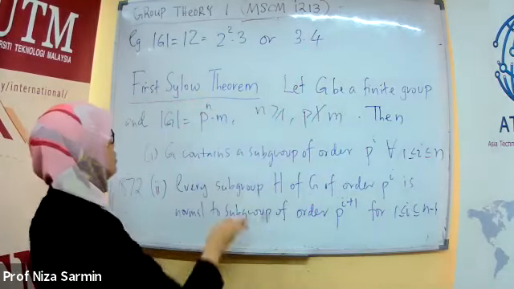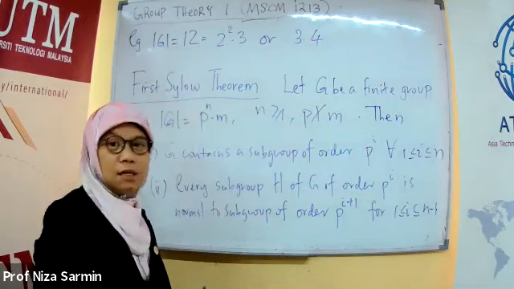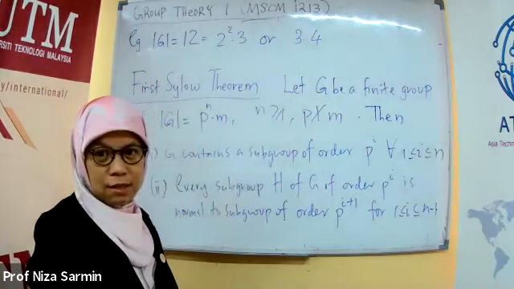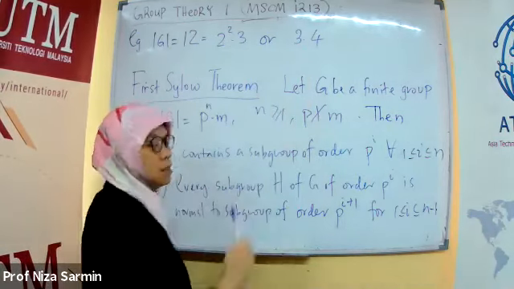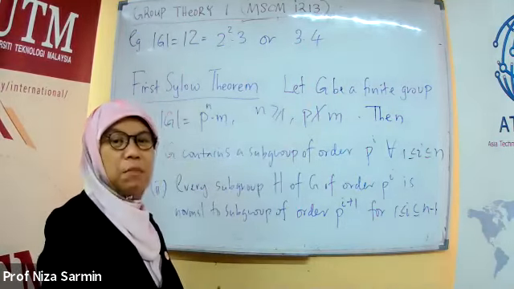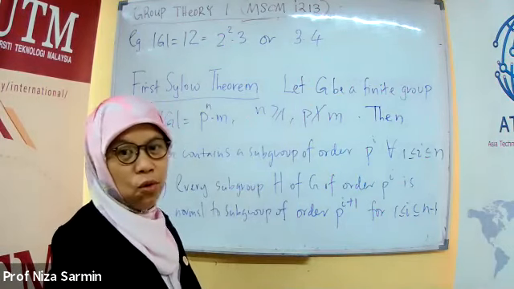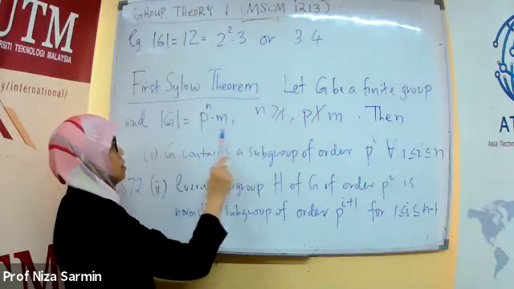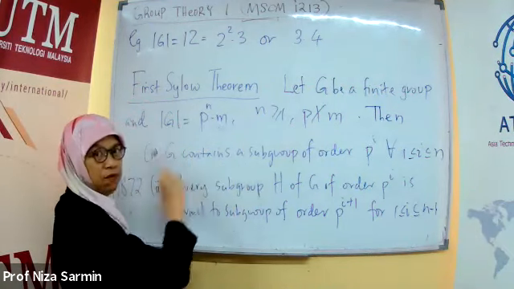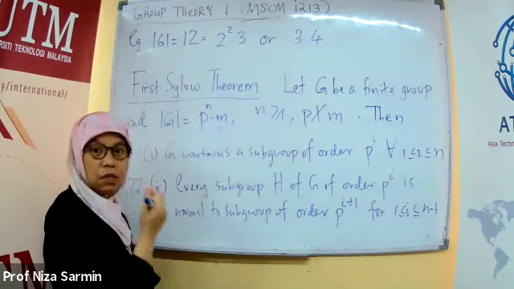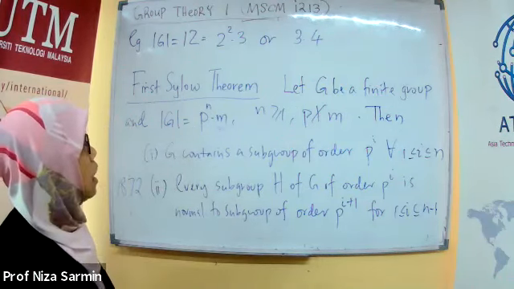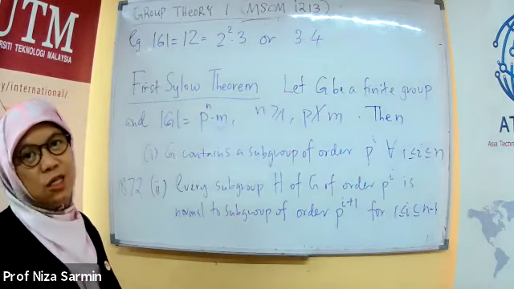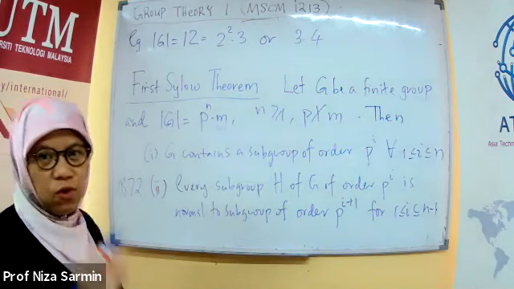For the first case, p is 2 and m is 3. For the second case, p is 3 and m is 4. So this m is just anything with the rest separate from the prime p. So it doesn't matter. After this, I will just go with p1 is 2, p2 is 3. We just do it for all.